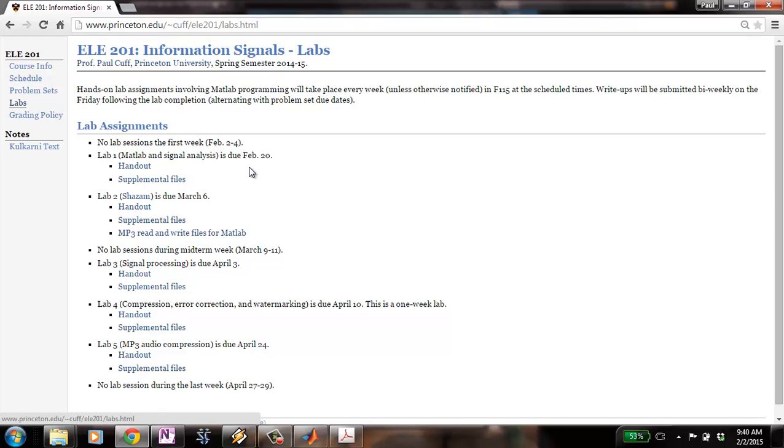The nice thing about the labs is that you sign up for a designated time, but you don't have to be there the whole time if you get the lab done. You can work on it at home, whatever. You do need to demonstrate parts of it to your team.